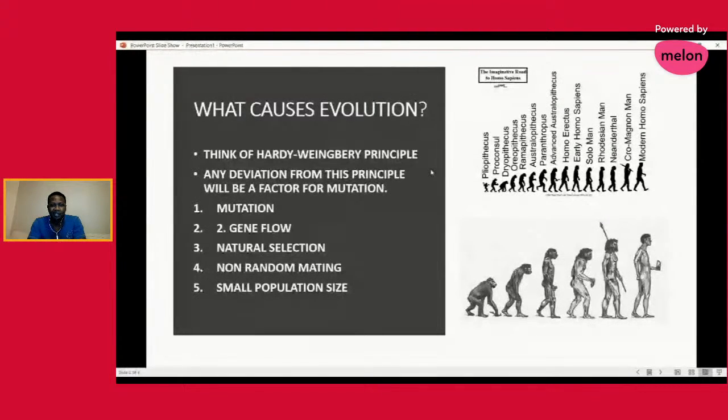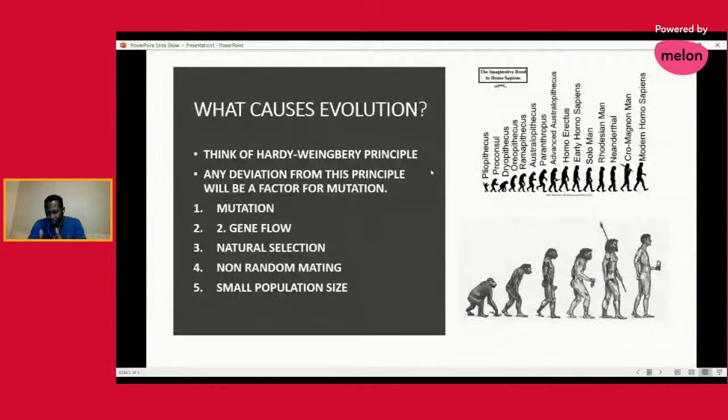This is in connection with the Hardy-Weinberg principle, where they made mention of certain principles and conditions that must be present in a population to make sure that evolution does not occur in that particular population. So we have to reflect our mind back to those principles that Hardy and Weinberg mentioned in a non-evolving population, or otherwise an equilibrium population.